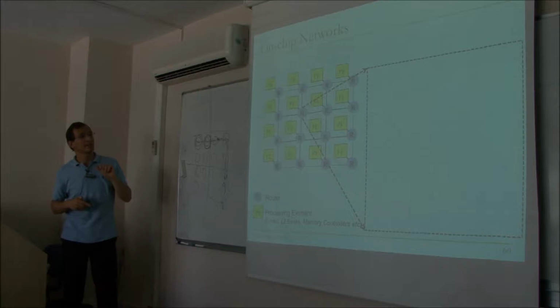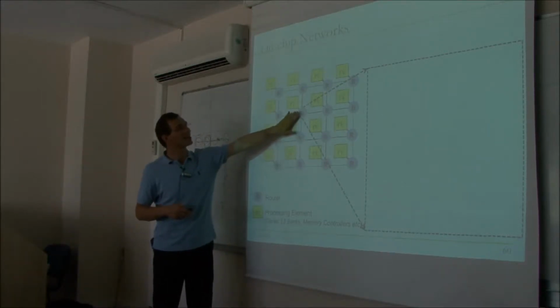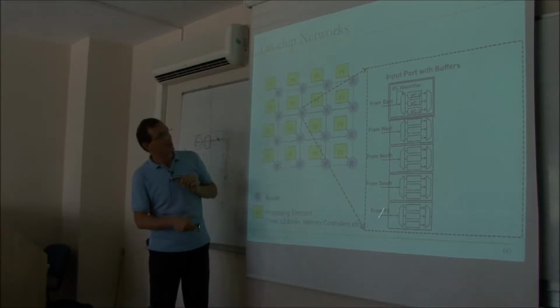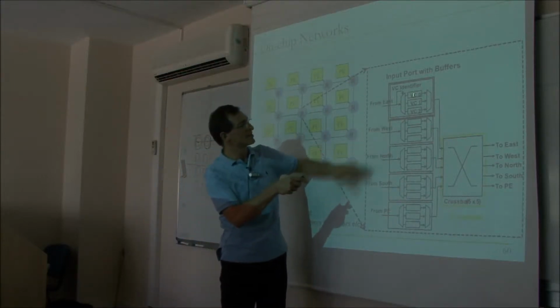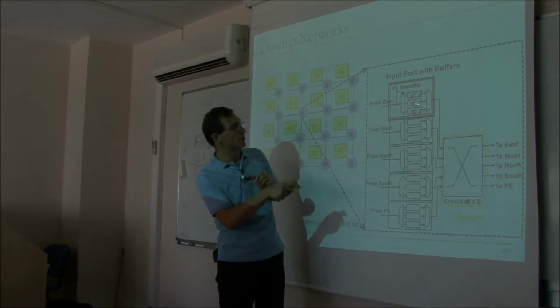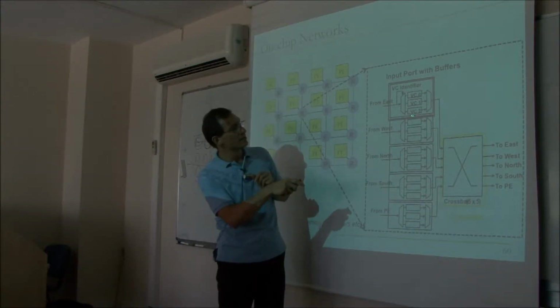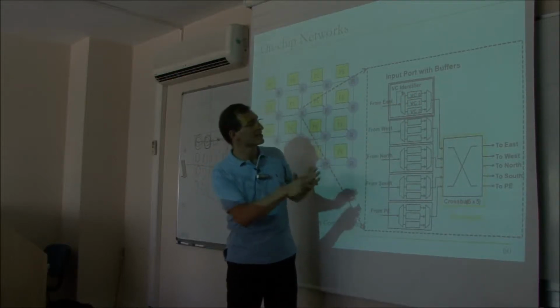Traditionally, people have designed these routers, unless it's a ring, and the mesh routers, to have these input ports with buffers. And I'm not going to go into detail, but basically you have a bunch of buffers for each input port. Input port can be from east, west, north, south. And within those buffers you have virtual channels, so that you don't have this head of line blocking.